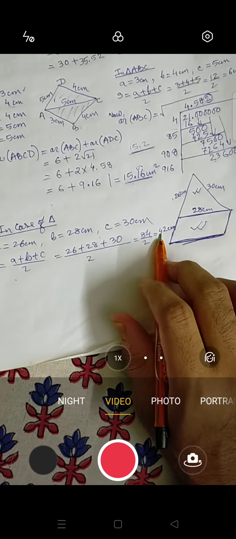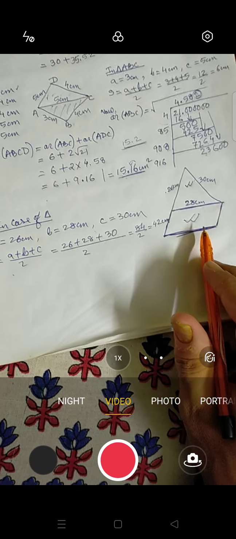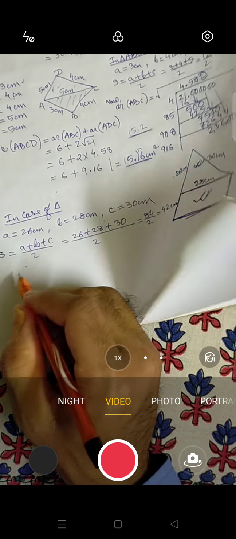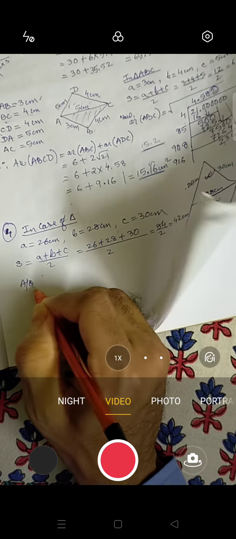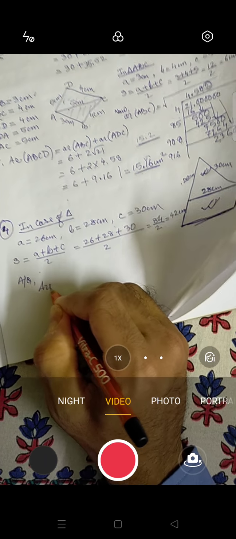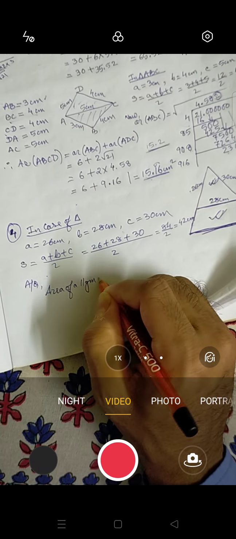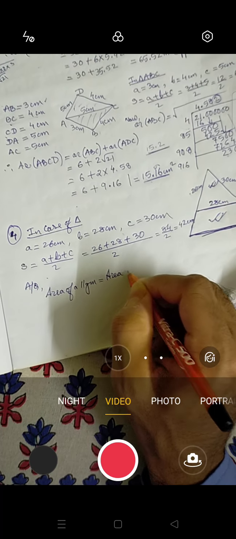So 42 centimeter. Now in the question it was said that the area of the parallelogram and the area of the triangle were the same. So according to the question, the area of a parallelogram equals the area of a triangle.